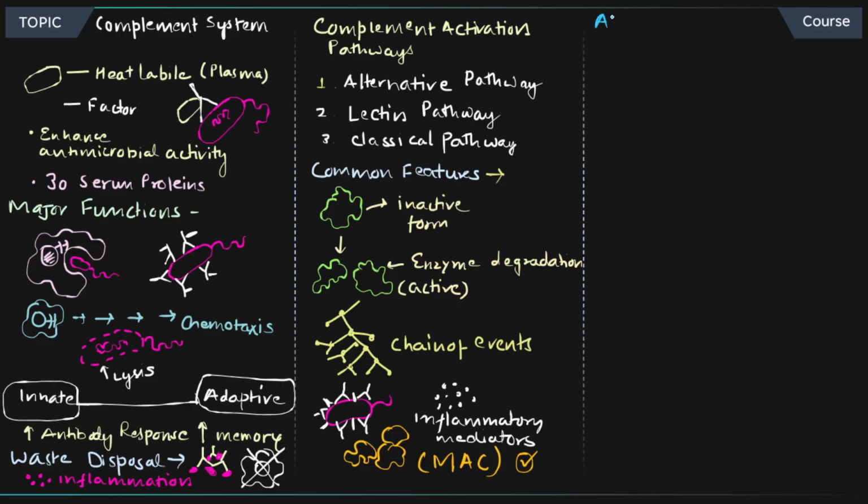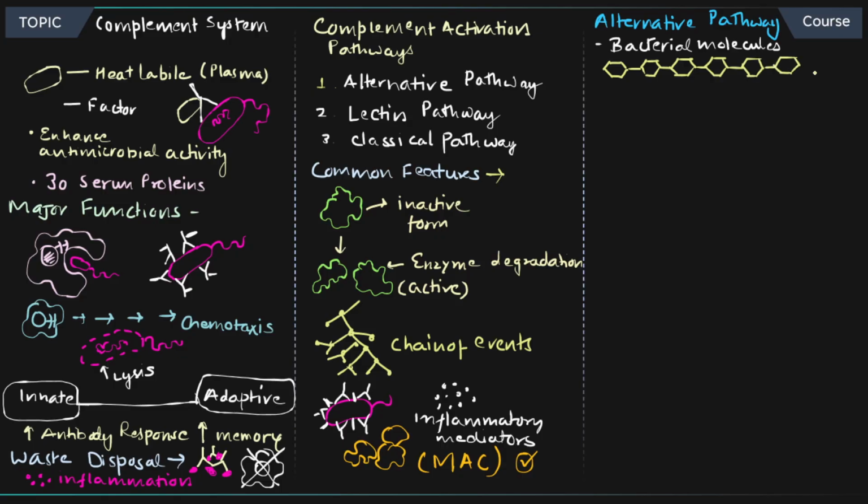Now let's move to the first pathway and understand it in detail, which is the alternative pathway. A very important topic. First, how does it get activated? Specific molecules present in bacteria that contain repetitive structures like this.